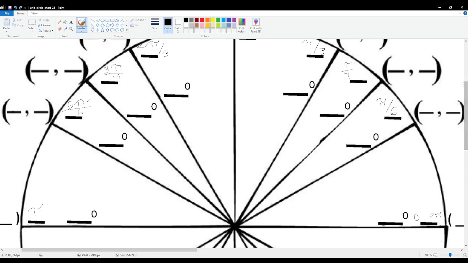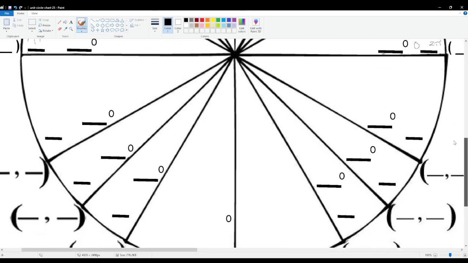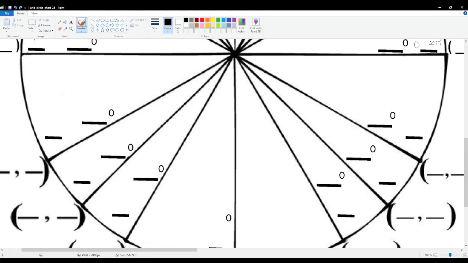Anyways, so 1, 1, 1, 2, 3, 5, 7, 5, 4, so 7 pi over 6, 5 pi over 4, and then 4 pi over 3.